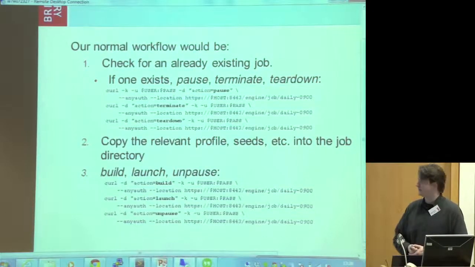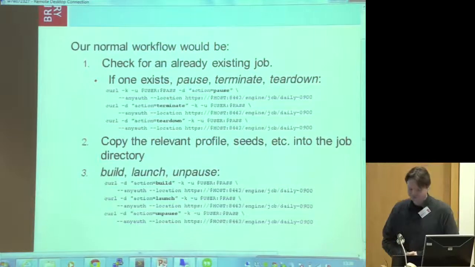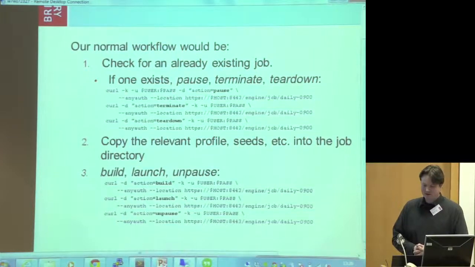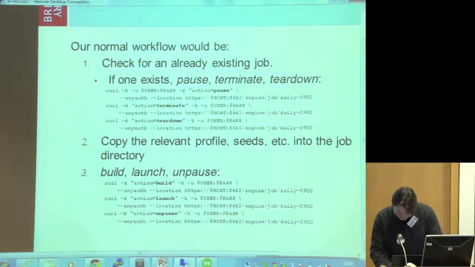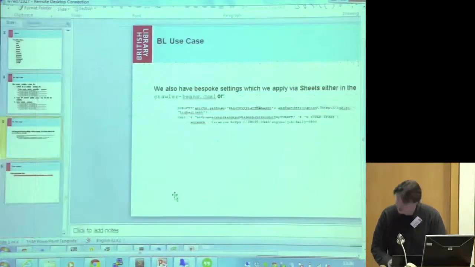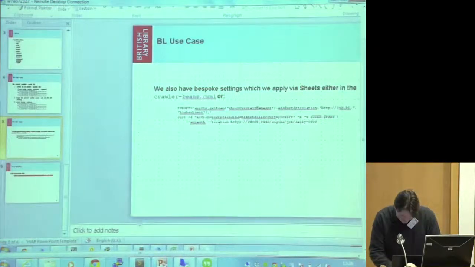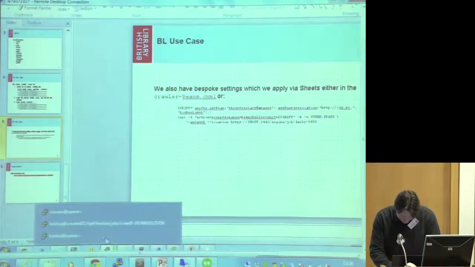There's a cron job that runs every hour, and it uses the API to stop, pause, and launch new jobs. Now I'm actually going to run a job quickly in the background, because at 1 o'clock there's something supposed to run, and I've prevented it running, just to show you.